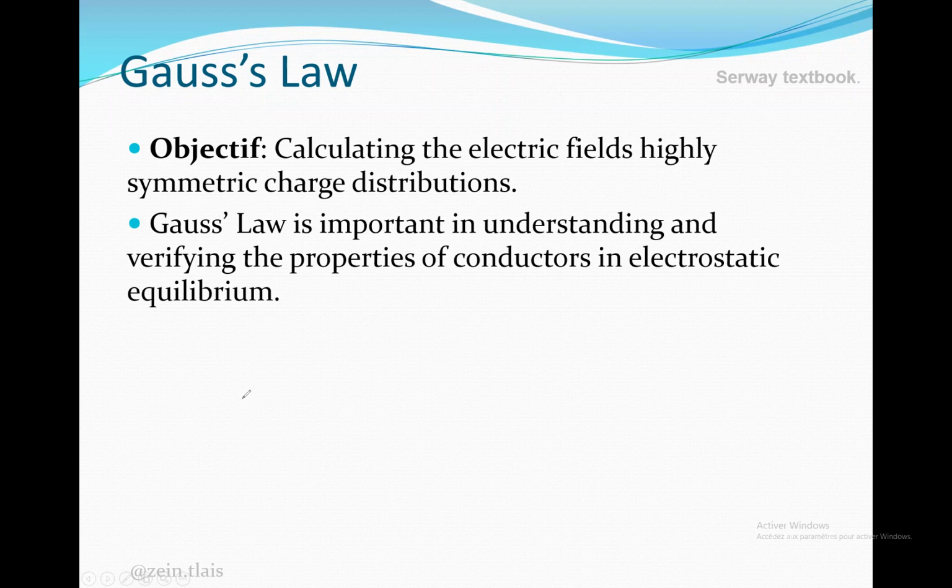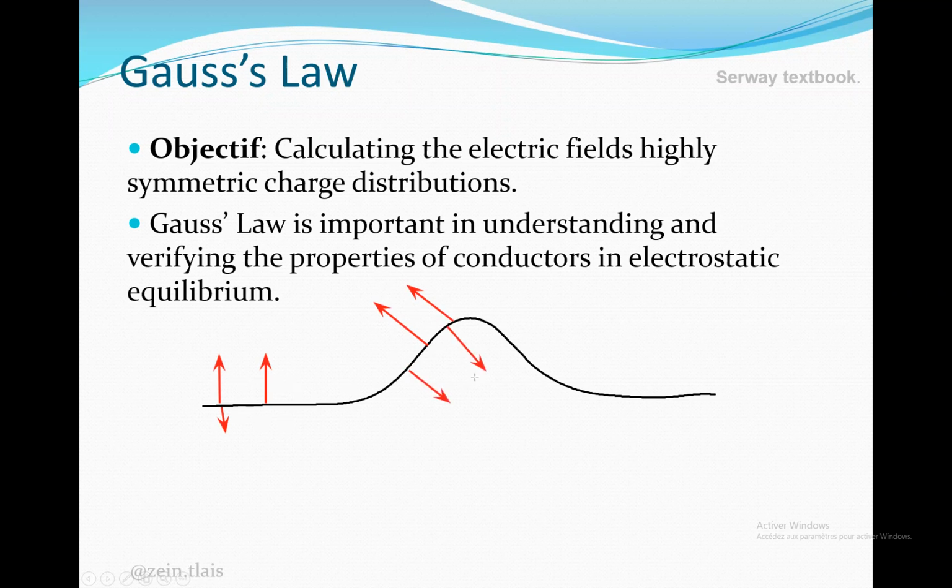For example, if we have a rod like this, here we get emission on the rod like this, in three dimensions, but here you have it like this, and here like this, and like this, at this point like this.